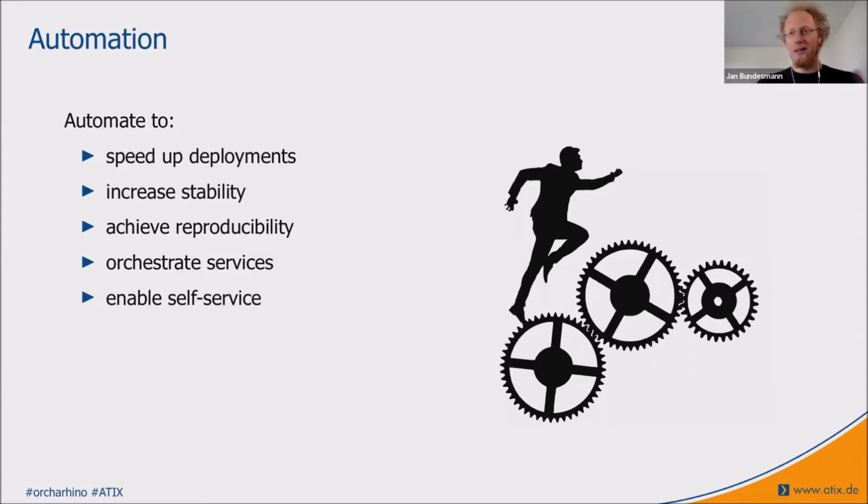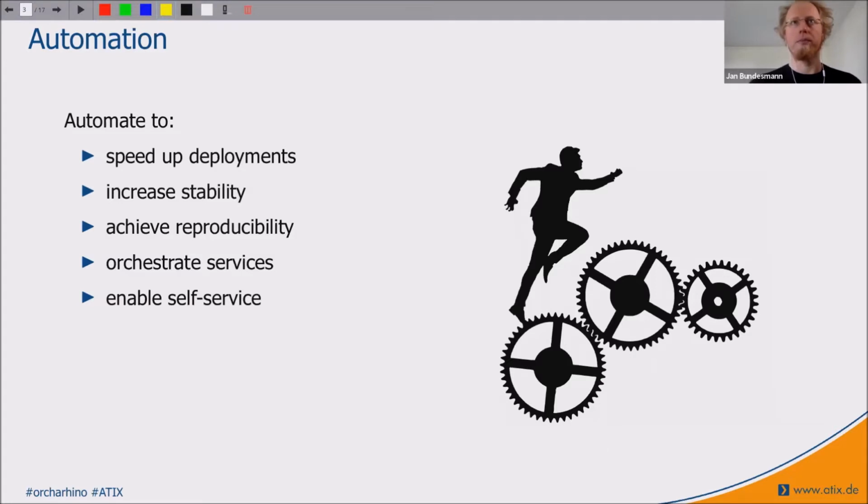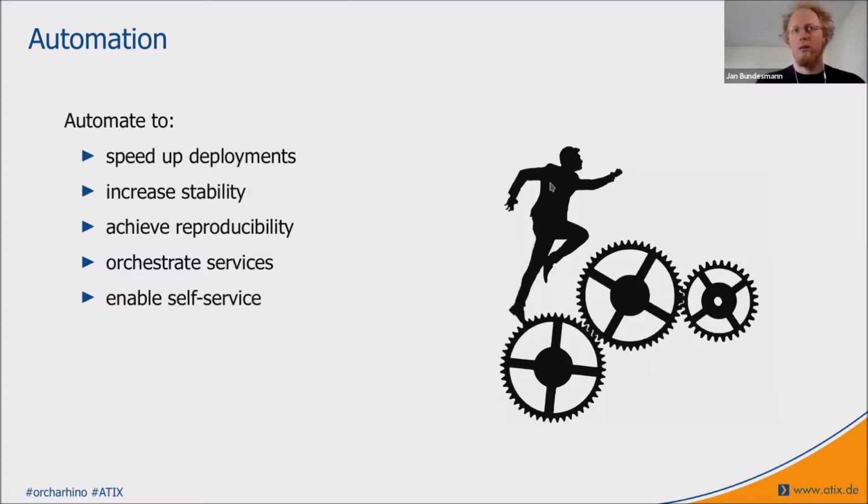In the beginning, you had no control over what was done by which sysadmin on which server. Automation can help you in that sense, also because you can achieve reproducibility basically only through automation. Eventually, you also need to orchestrate services, which means you have a lot of services.